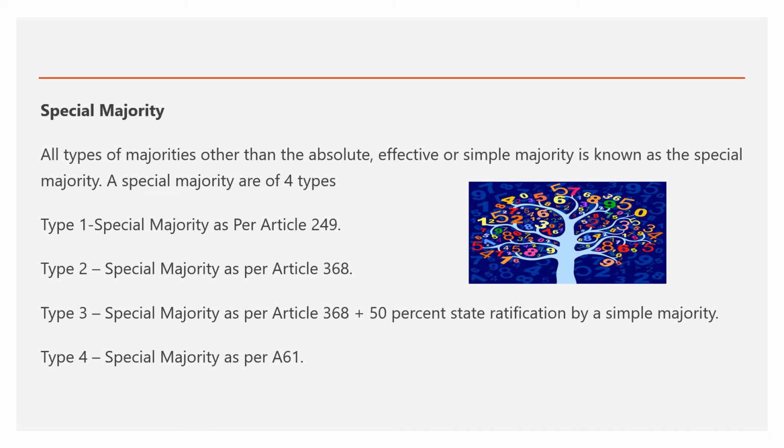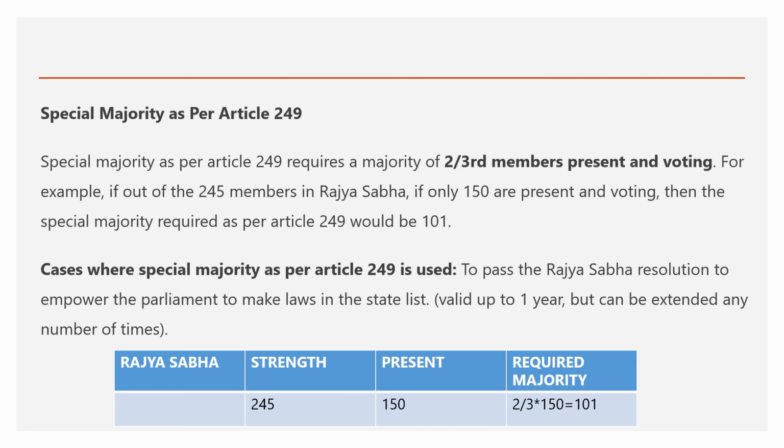So now, other than this absolute, effective and simple majority, all the remaining majorities are known as special majority only. There are four types of special majority according to the constitution. Firstly, special majority as per Article 249. As per Article 249, you need to have a majority of two-thirds of members present and voting.